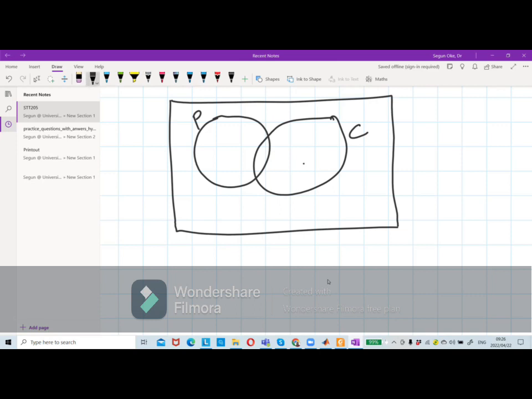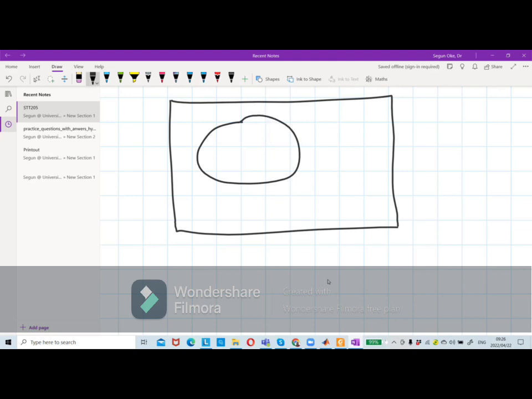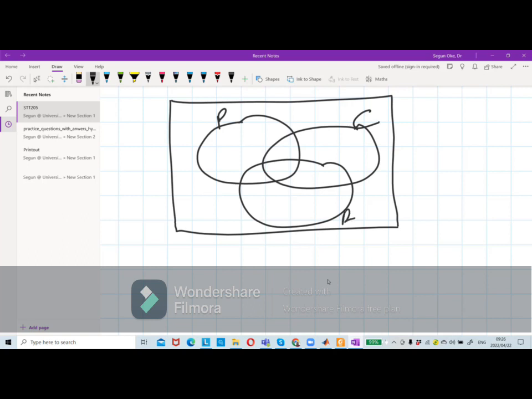biology. Okay, I think the circle needs to be bigger than this. So we have physics, we have chemistry, and we have biology. So the universal set is here, everything.